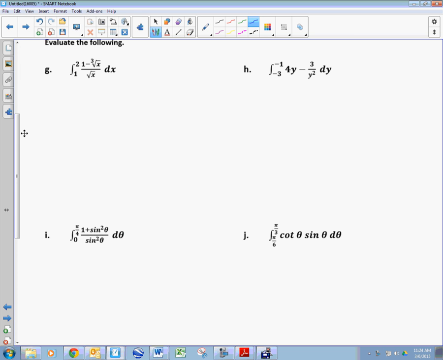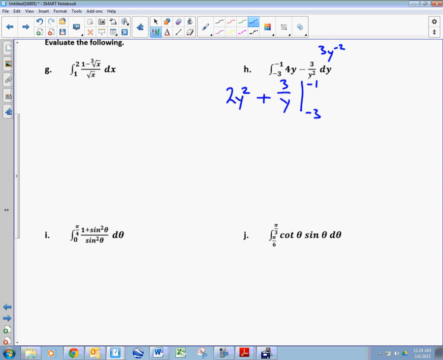I use the fundamental theorem of calculus part 2 for this problem. I have to find the antiderivative of 4y, which is... this is 3y to the negative 2. If I find the antiderivative, so plus 3 over y, okay.